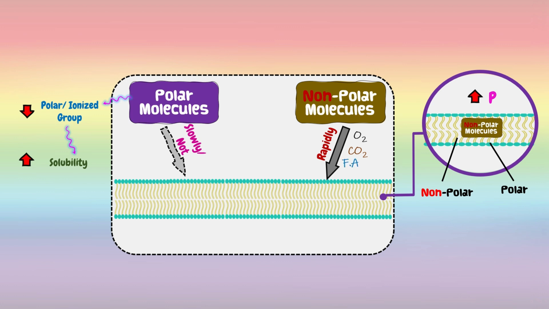Oxygen, carbon dioxide, fatty acids, and steroid hormones are examples of nonpolar molecules that diffuse rapidly through the lipid portions of membranes. Most of the organic molecules that make up the intermediate stages of the various metabolic pathways are ionized or polar molecules, often containing an ionized phosphate group. Therefore, they have a low solubility in the lipid bilayer.